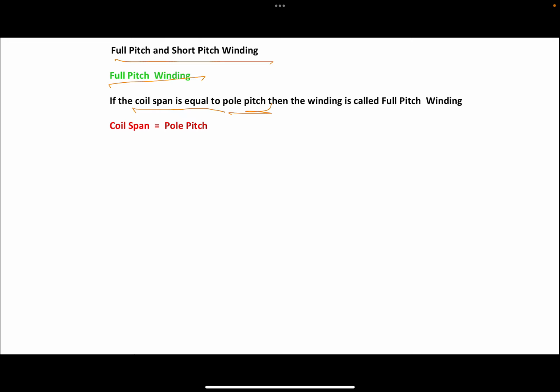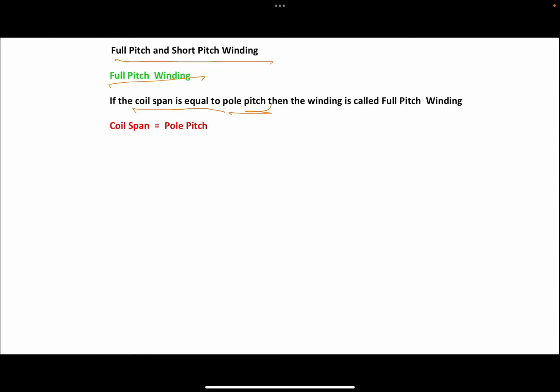What is coil span? The distance between the two ends of the coil is coil span. What is pole pitch? The distance between the centers of two consecutive poles is pole pitch. If both are the same, then it's called full pitched winding.